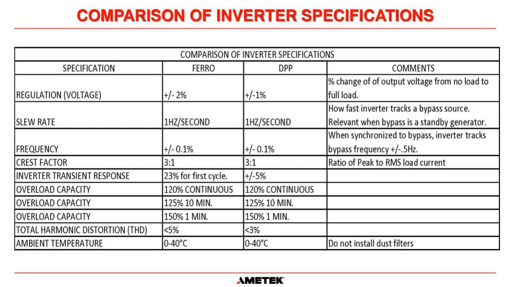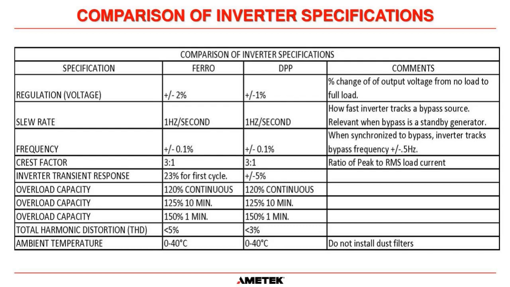Now, the next thing is called slew rate. Okay. Most people never worry about that. It doesn't come up very often, but slew rate is how fast the inverter tracks a bypass source. Let's say we've got maybe a generator that's the bypass source, and it's not real stable, and it's got a lot of load on it, and maybe its frequency is constantly hunting. And if it changes too quickly, that can jerk the inverter around that's trying to synchronize to it.